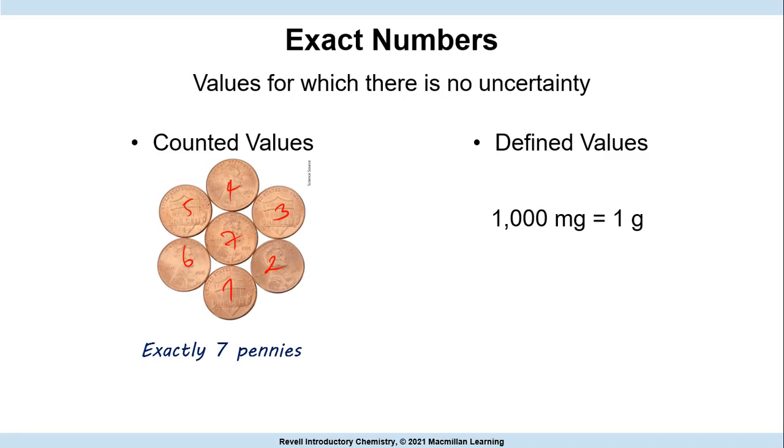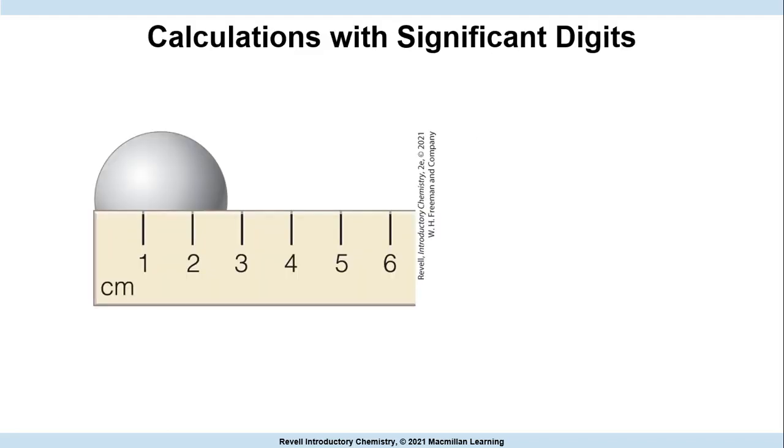You don't measure them. It's not based on measurement. So they do not limit the number of significant figures in our calculations. Shortly, I will be showing you how we can use significant, exact or non-exact numbers to calculate, and you will see that the exact numbers are not limiting our calculations.